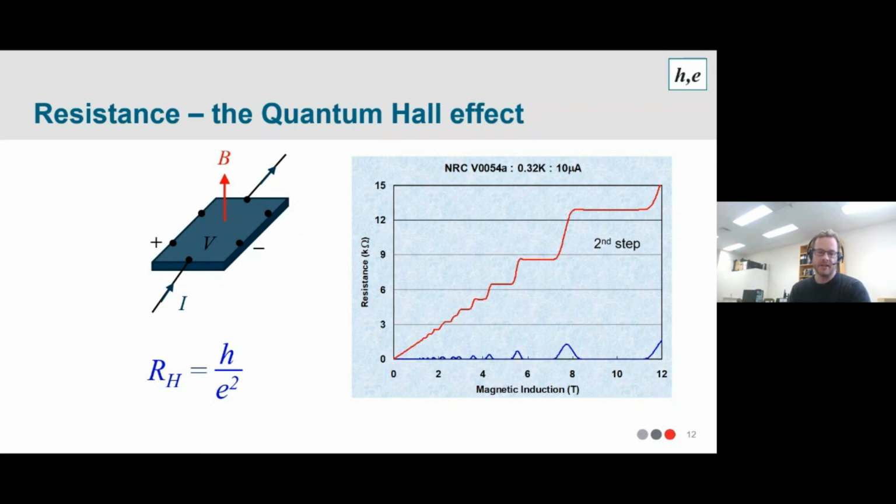Now, the next thing is resistance. So resistance and current, we'll use those interchangeably here. This is done by using the quantum Hall effect, which was discovered by Klaus von Klitzing in the 80s, and he won the Nobel Prize for that in 1985.